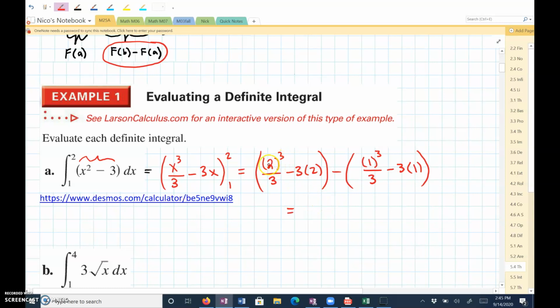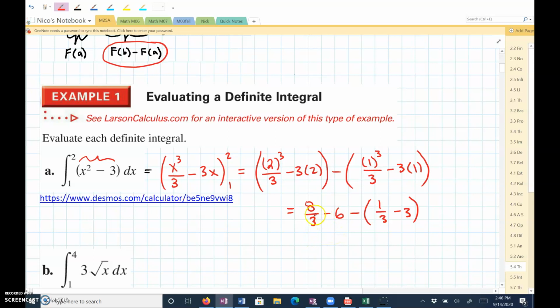And let's see here, 2 cubed would be 8 over 3, minus 6, minus 1/3 minus 3.